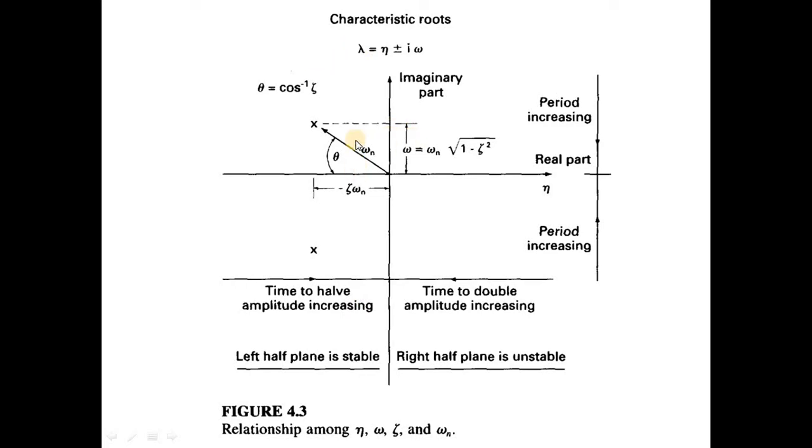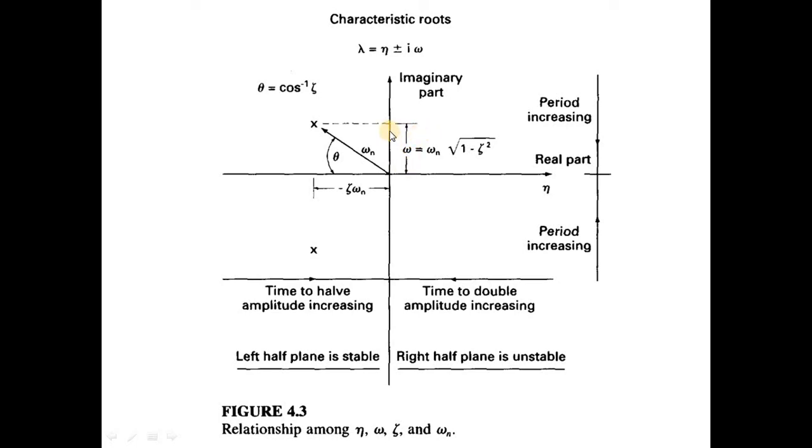Now on the y-axis we have the imaginary part, and this y component of omega n is known as the damped natural frequency, and that is equal to omega n times the square root of 1 minus the damping ratio squared. This is the actual natural frequency of the system.